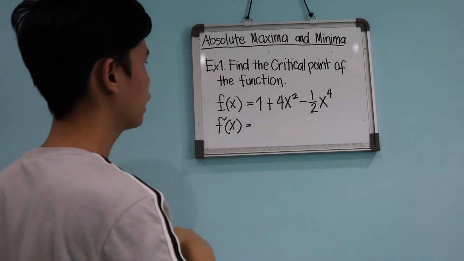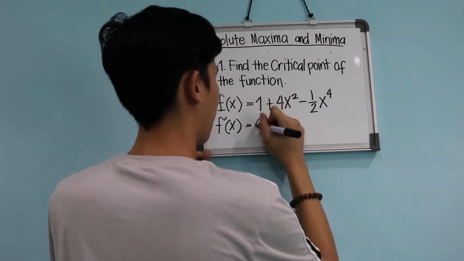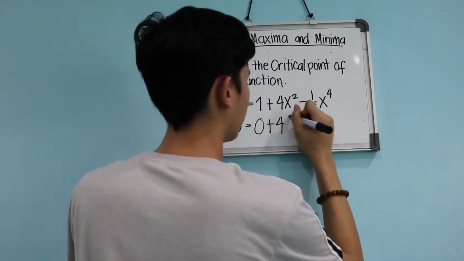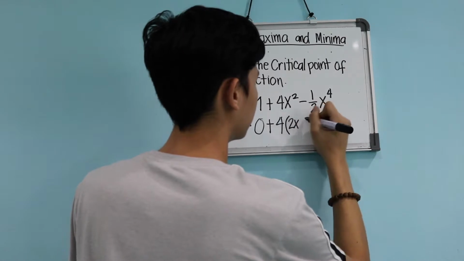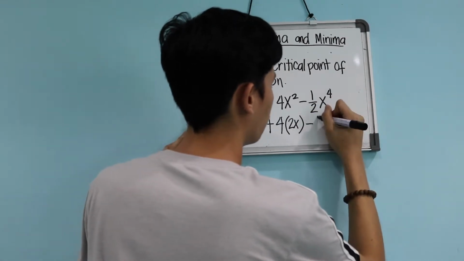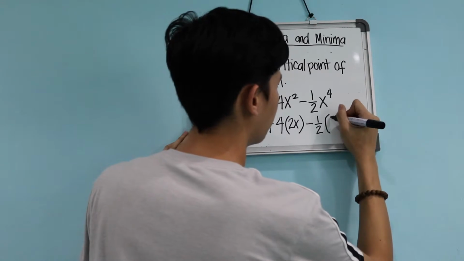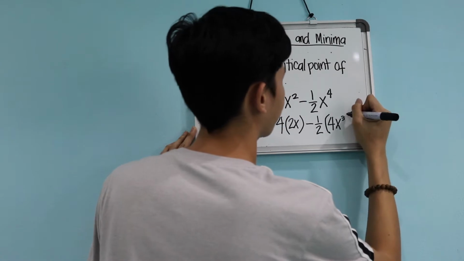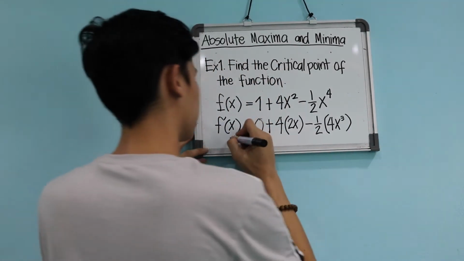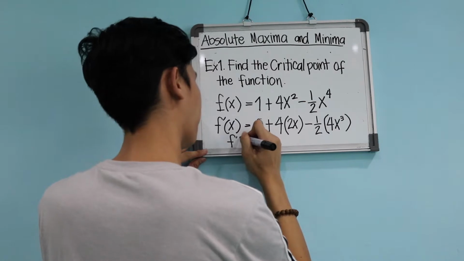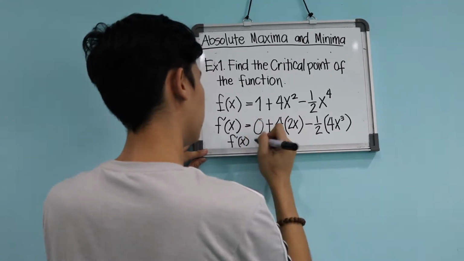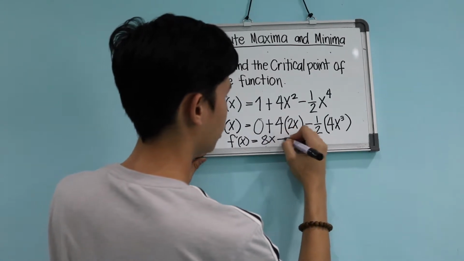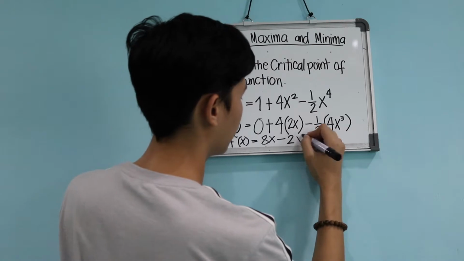So for solving, the derivative of this equation is 0 plus 4 times 2x minus 1/2 multiplied by 4x cubed. That's it. So the derivative of f of x is equals to 8x minus 2x cubed.